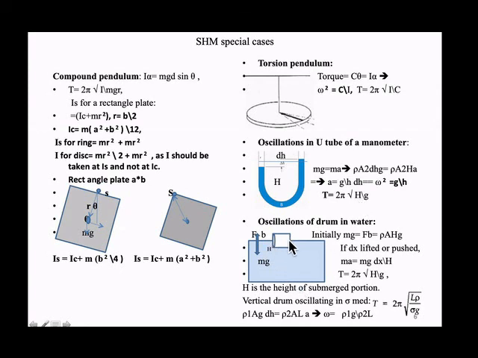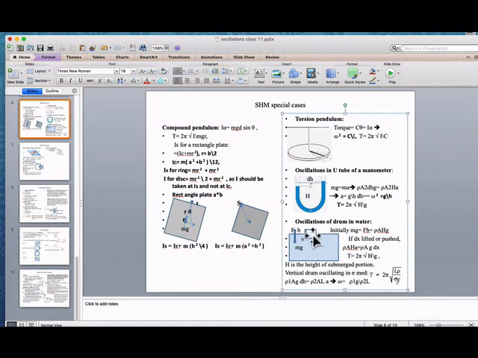Now let us take a drum floating in a tank. How much height is floating? H height is floating. So here the oscillation is 2 pi root h by g. How is it calculated? Suppose I give it a small push inside, a dh or dx. The mass of the drum is initially balanced by the buoyant force of the liquid.